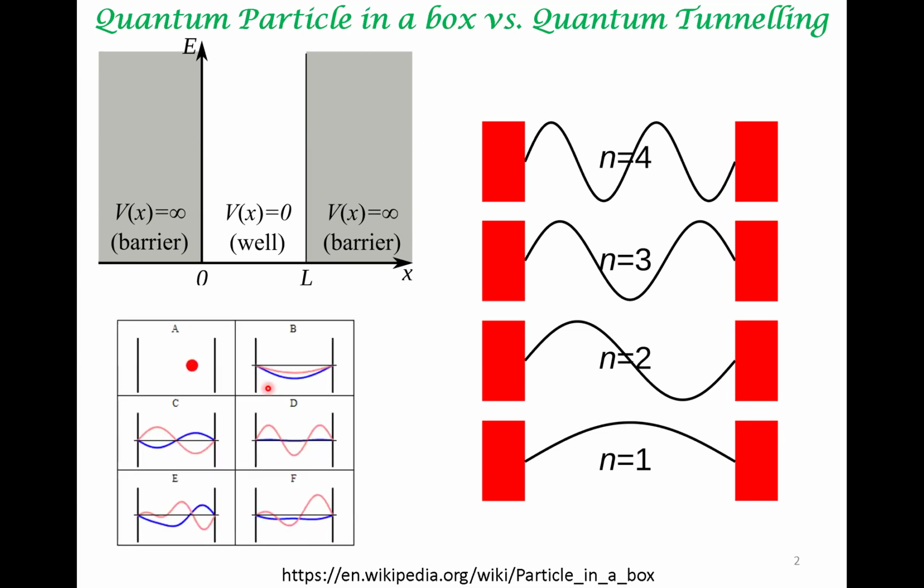So supposing you have an oscillating particle, that is like a classical system. Again, this animation is from this wiki link, so you should probably go through that. Because the particle is oscillating, that means the probability of locating the particle also changes.